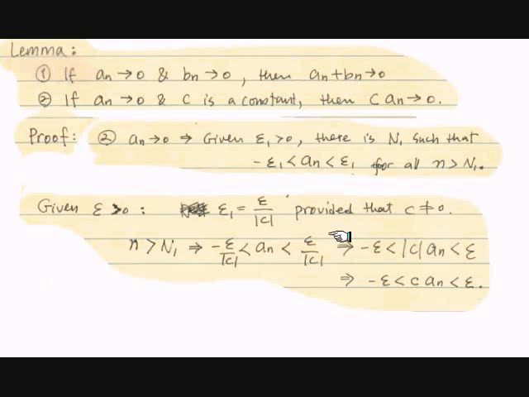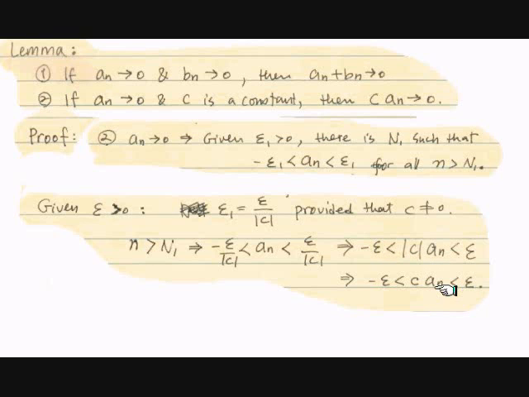But we chose epsilon 1 to be this quantity, epsilon divided by the absolute value of c, so the negative part is here. Since the absolute value of c is a positive number, multiplying both sides by this positive number will preserve the direction of the inequality. So it looks like this. And because of the symmetry of epsilon and negative epsilon, whether c is positive or negative, it'll always be like this.